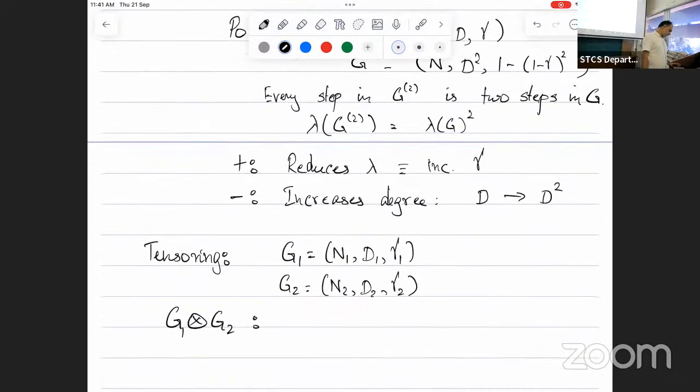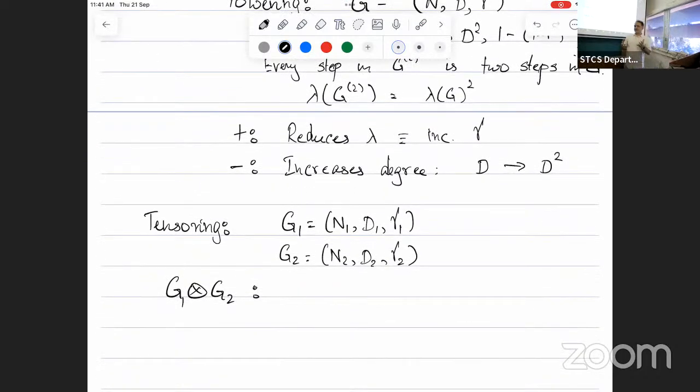So the next operation that we saw was this notion of tensoring, where you're running 2 graphs in parallel in some sense. So what is this graph? The vertex set is all pairs (u1, u2), where u1 is a vertex in G1 and u2 is a vertex in G2.